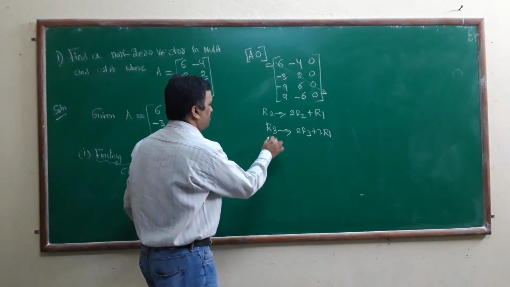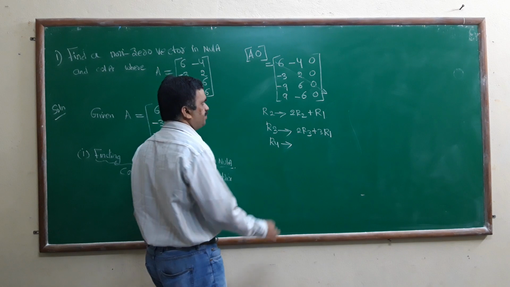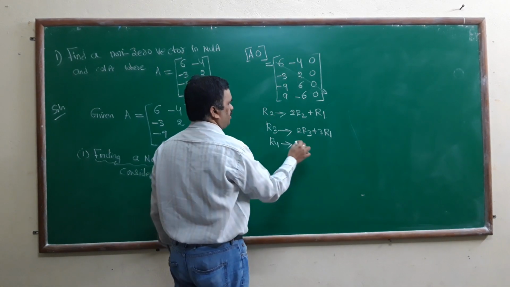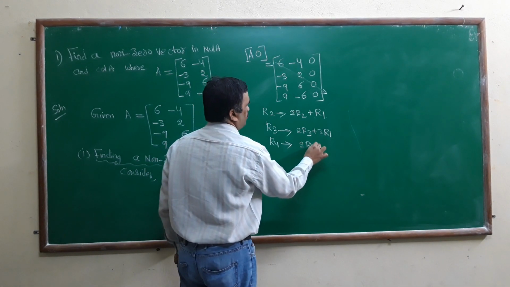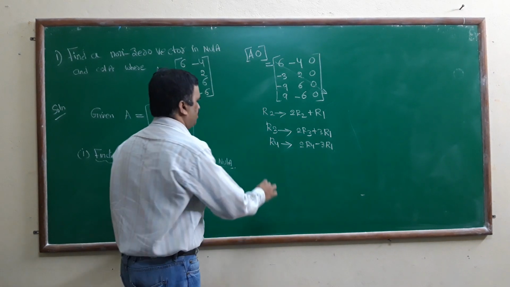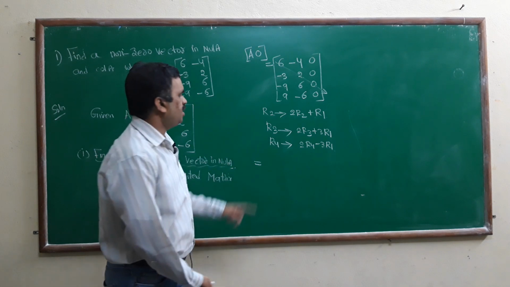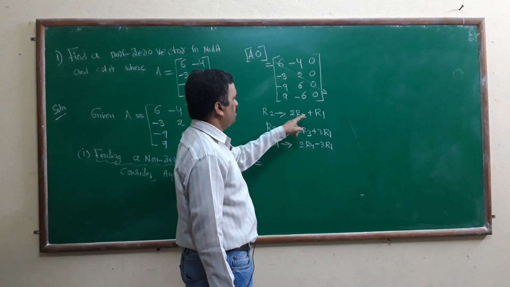Similarly, R4 becomes 2R4 minus 3R1, again with 18 only. The first operation was R2 becomes 2R2 plus R1.